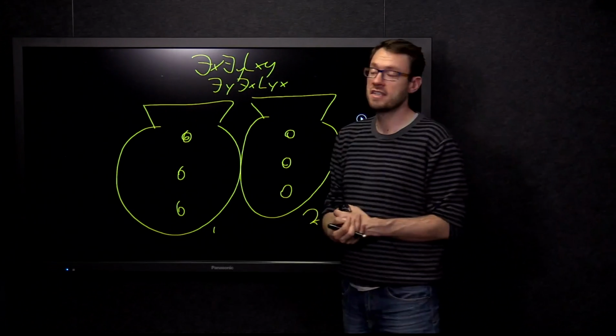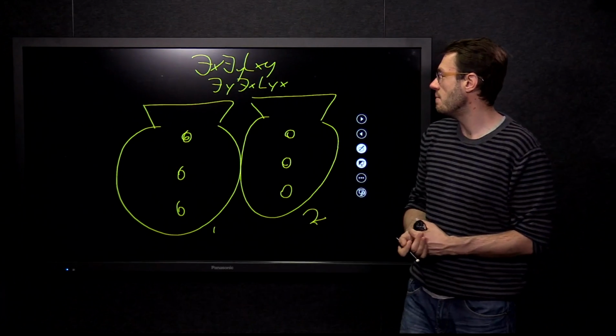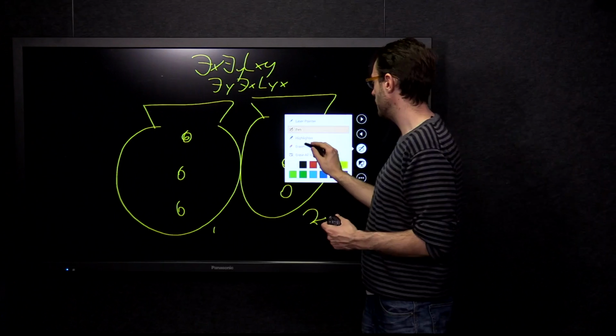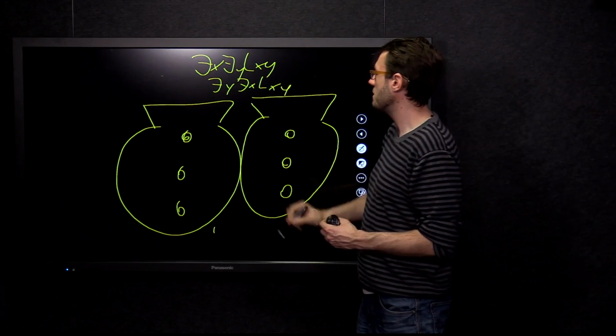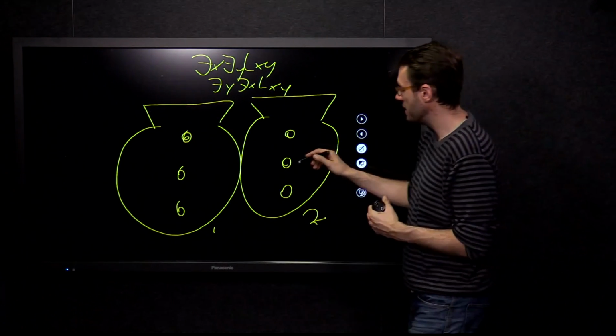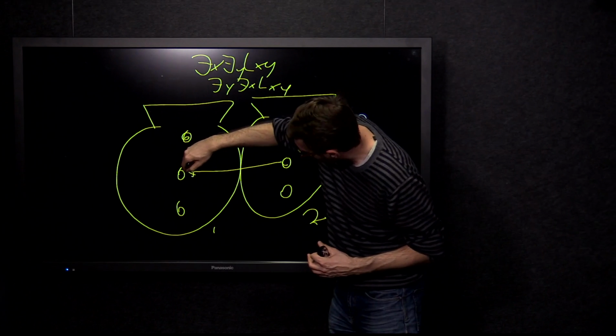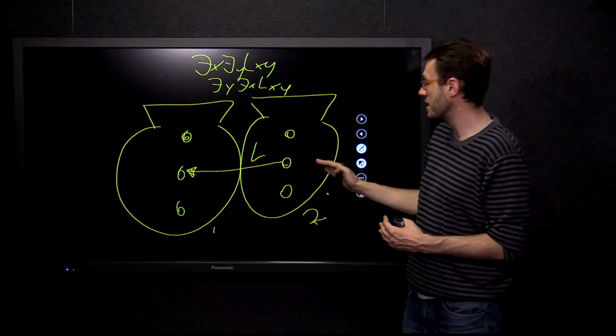The second sentence says, for something I picked the first time, and for something I picked the second time, oops, I've reversed the variables here, sorry, that was an accident. For something that I picked the first time and something I picked the second time, the thing I picked the second time loves the first thing. So that means that I'm going to have an arrow coming back this way, and this is where the loving relation is going to lie. So that's the second sentence.